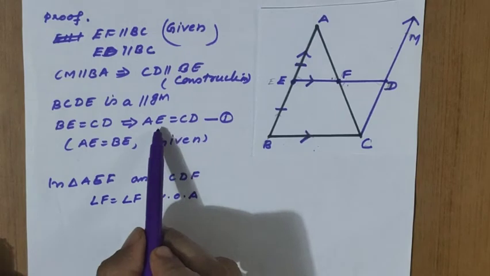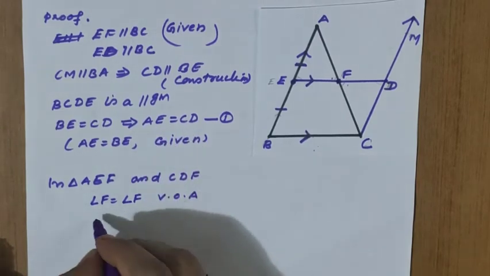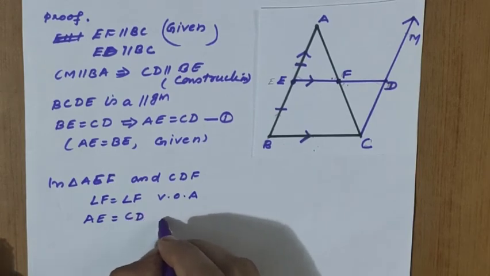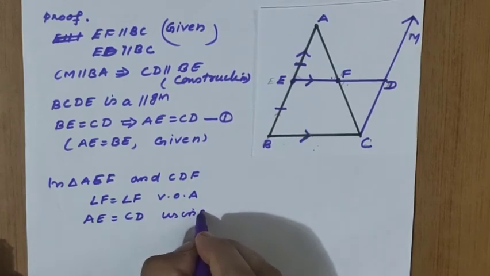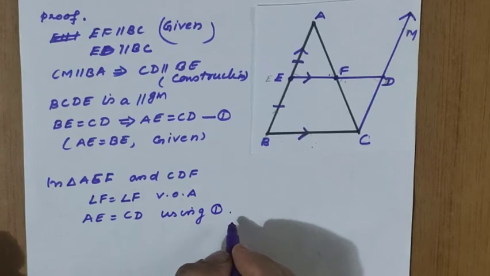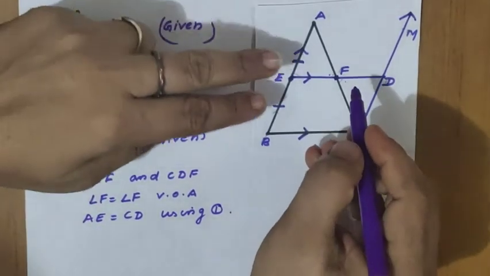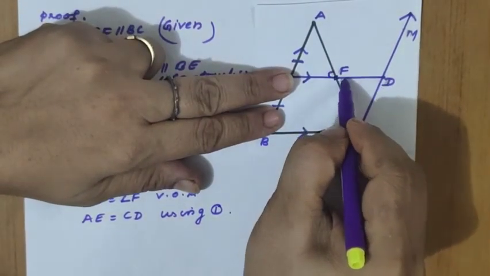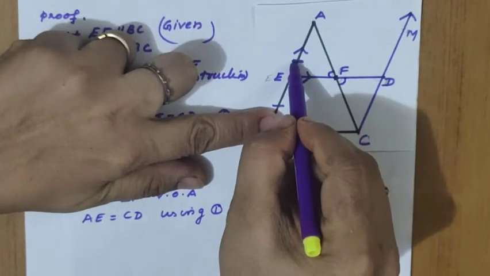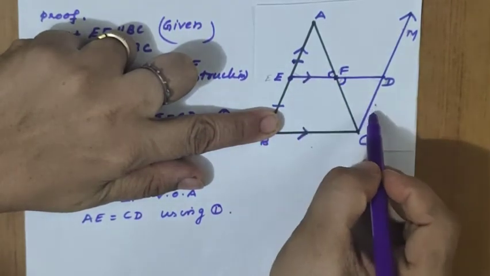Next, now we have proved that AE and CD are equal, so I'll write here AE equal to CD using 1. So now we have marked angle F equal to angle F and the sides we have taken are AE and CD only.